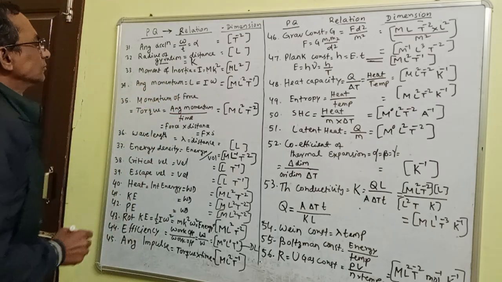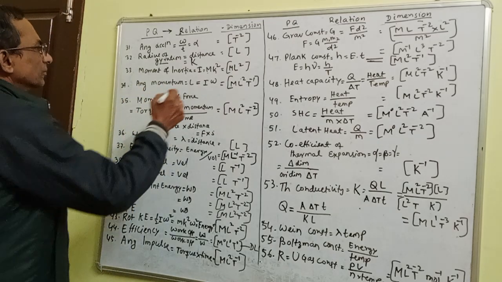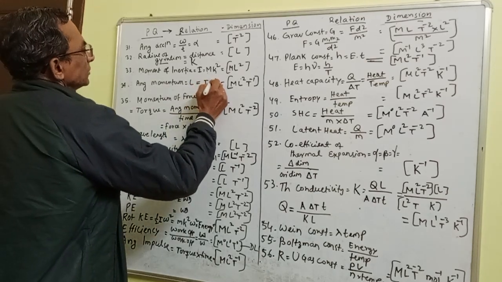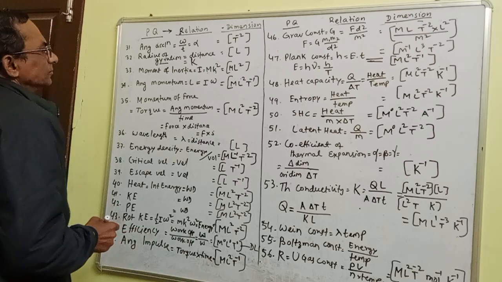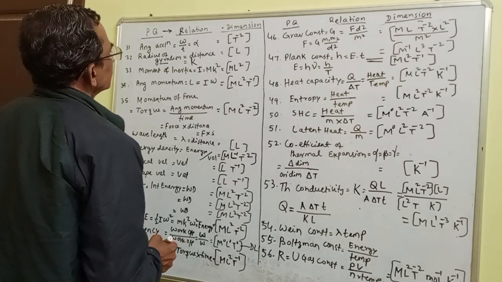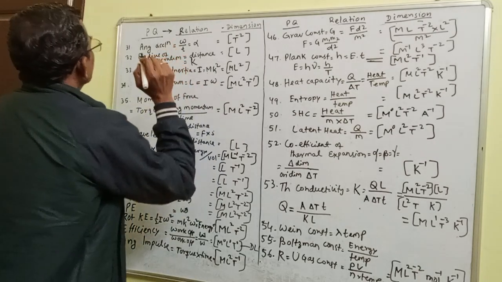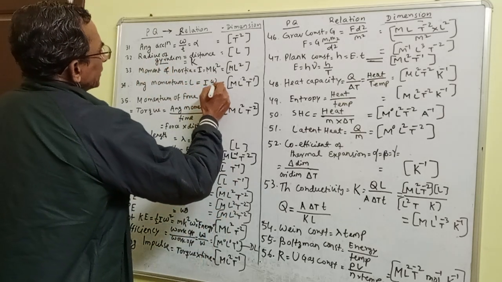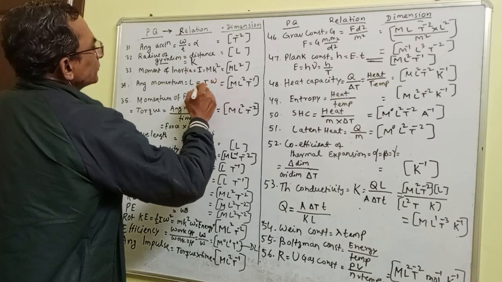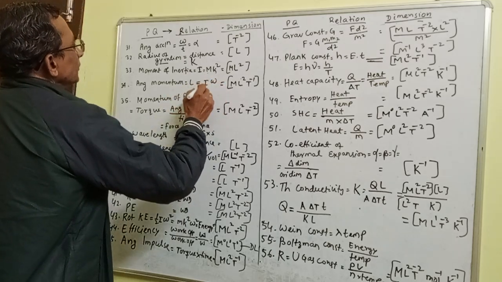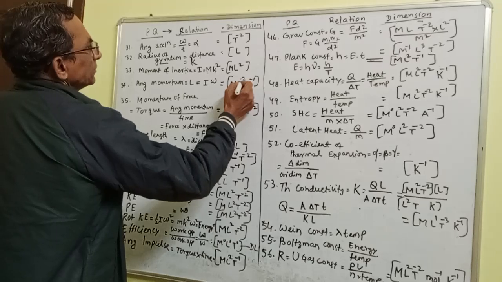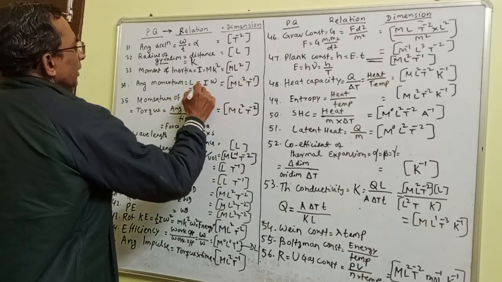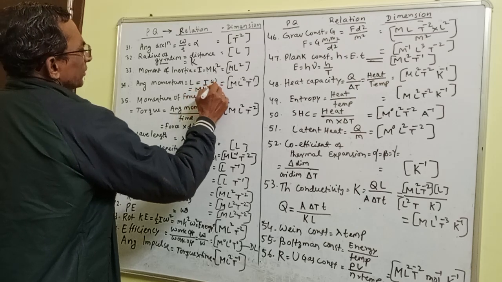Angular momentum is moment of inertia into angular velocity. Angular velocity we already know, it is displacement by time, or T minus 1. I is ML square, that is M K square omega.